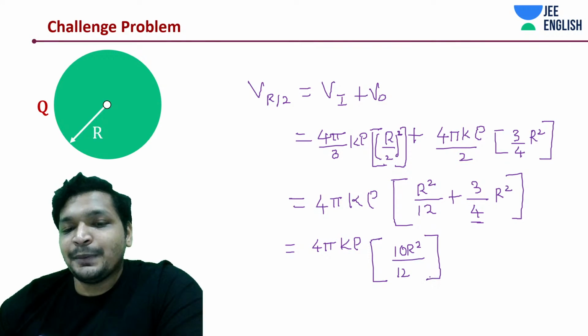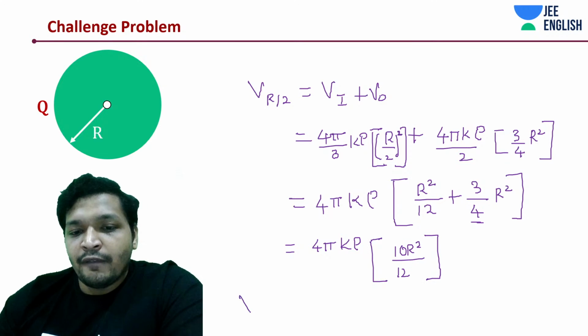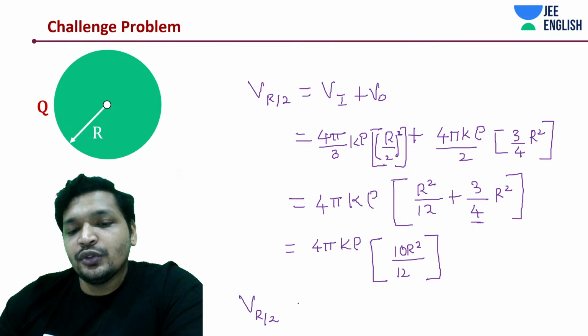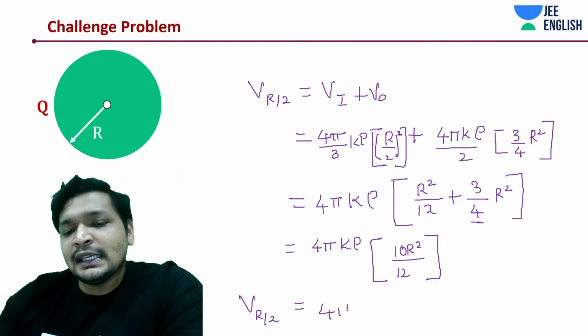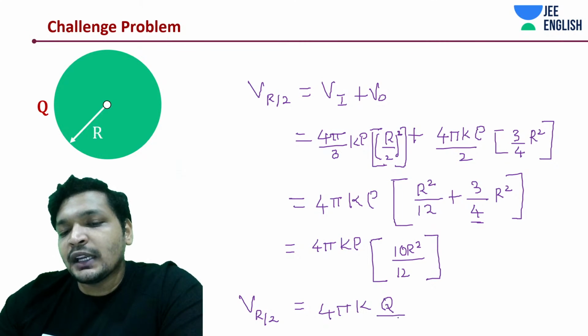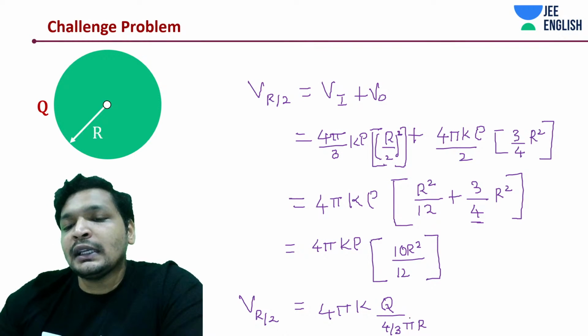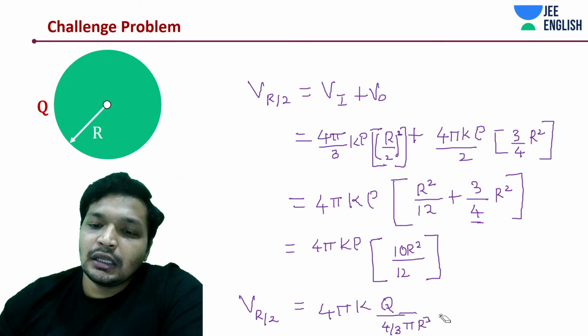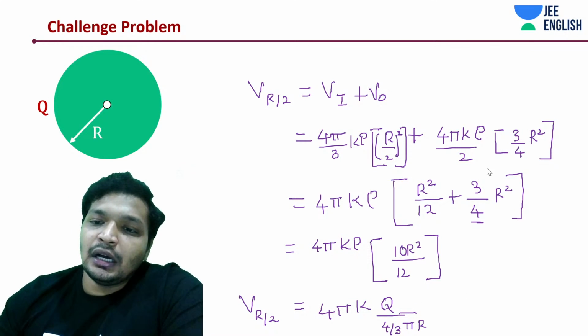We have this expression. From here we can simply substitute 4 pi k. What was rho? We wrote it in the beginning as 4 by 3 pi capital R cube, isn't it?